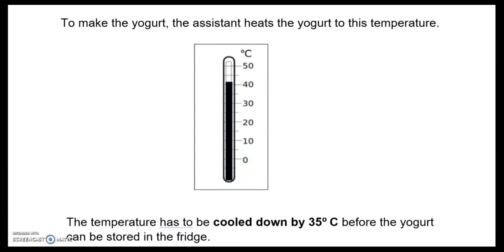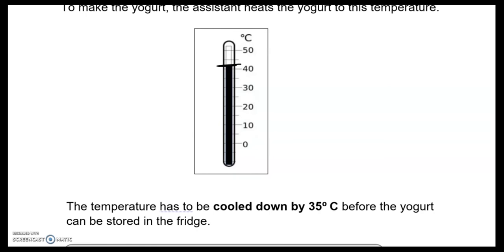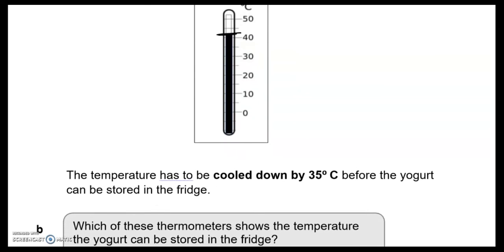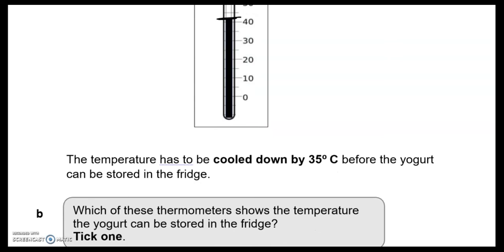To make the yogurt, the assistant heats the yogurt to this temperature. The temperature has to be cooled down by 35 degrees Celsius before the yogurt can be stored in the fridge. Which of these thermometers shows the temperature the yogurt can be stored in the fridge? Tick 1.